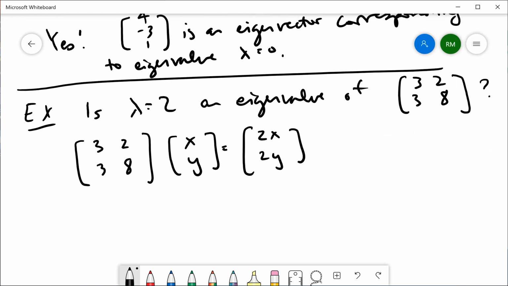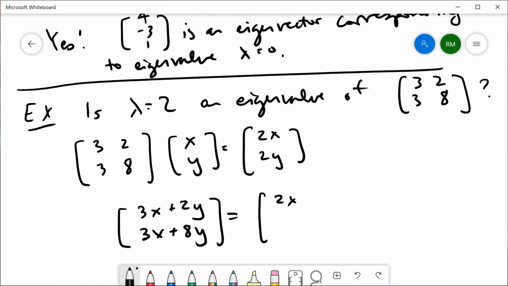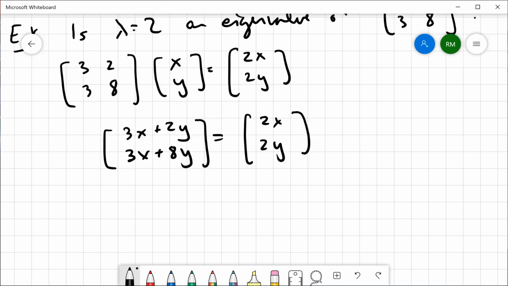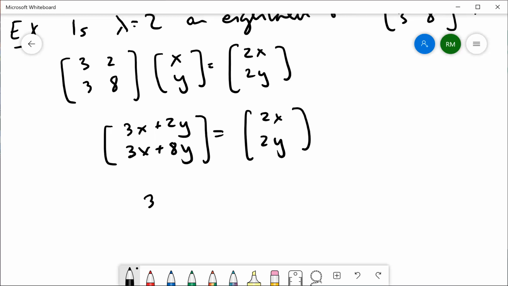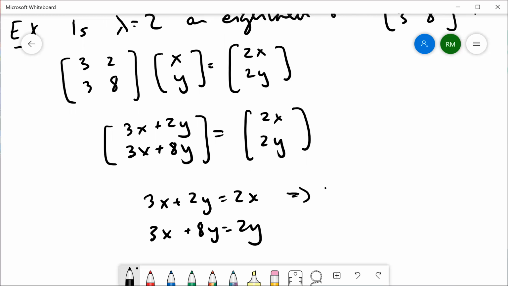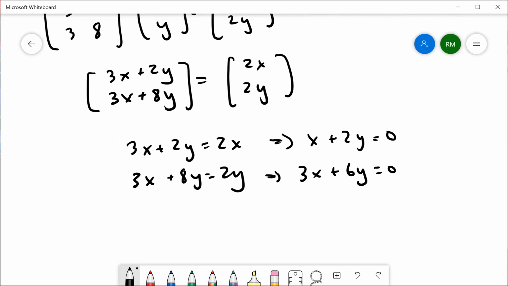Well, on the left-hand side, I get 3x plus 2y, and 3x plus 8y is 2x and 2y. So I'm trying to solve 3x plus 2y is 2x, and 3x plus 8y is 2y. So this tells me that x plus 2y is 0, and this tells me that 3x plus 6y is 0.